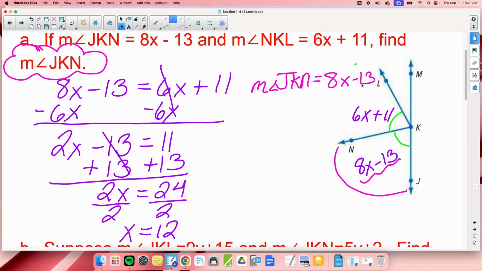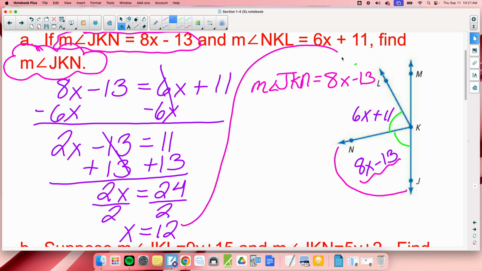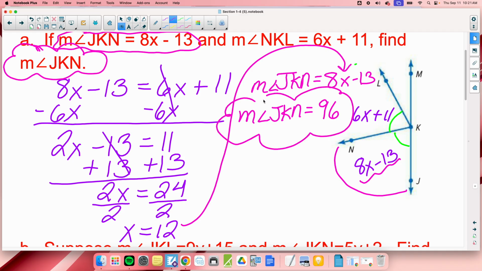Or it might have been easier just to look up here. The measure of angle JKN is 8x minus 13. And then we're going to put 12 in there. So the measure of angle JKN is, does anyone have a calculator? 8 times 12, what is it? 96, thank you. So that is your answer.